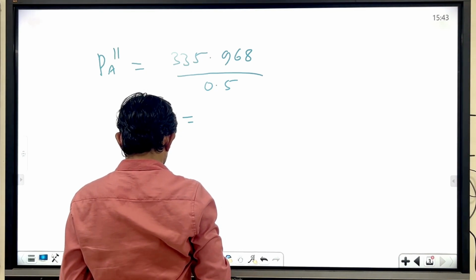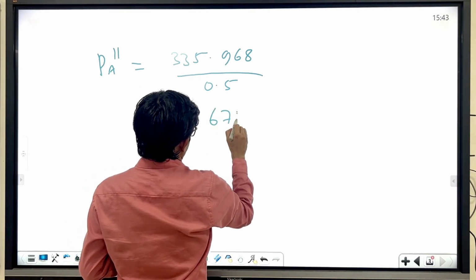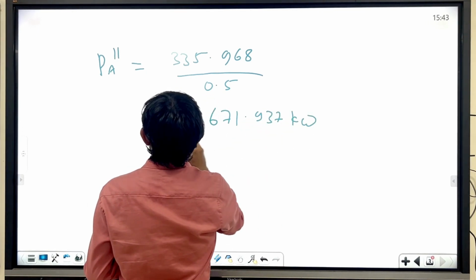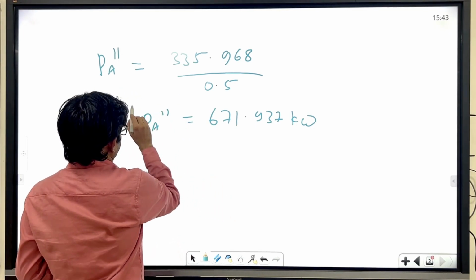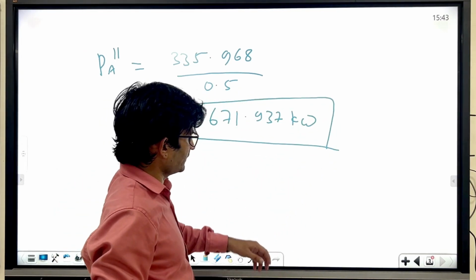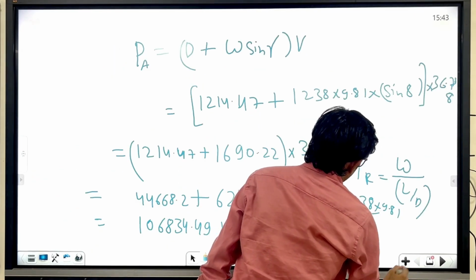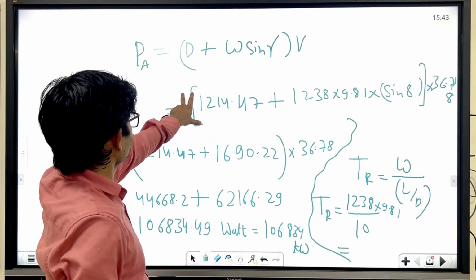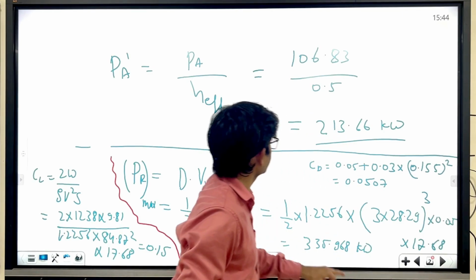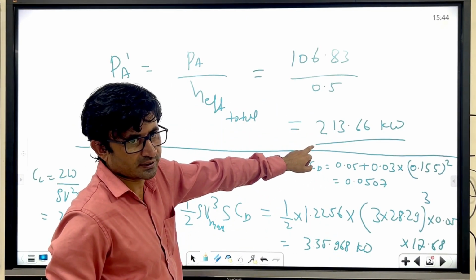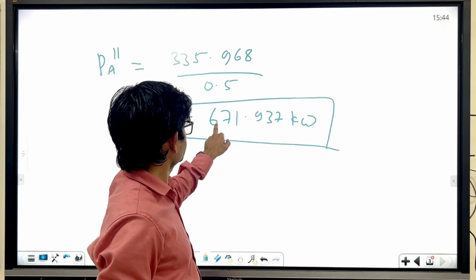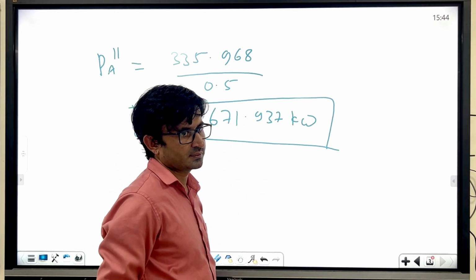So 671.937 kilowatt. If you have this much power, then no doubt about climb flight, you can easily climb, because here the power requirement is 106 and with efficiency the power required is 213, and in this case we are getting 671.936, more than 3 times.